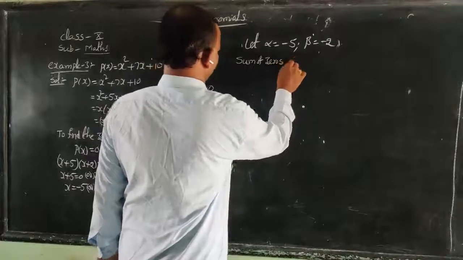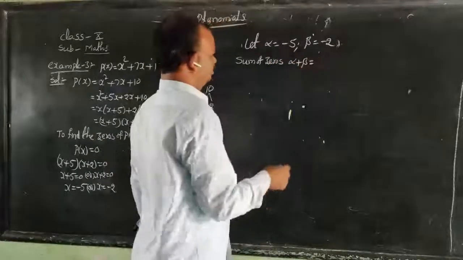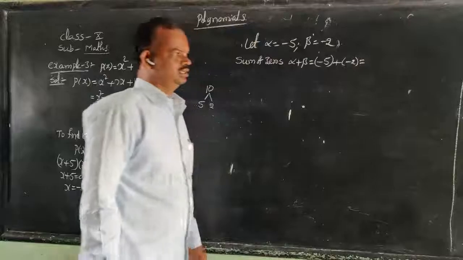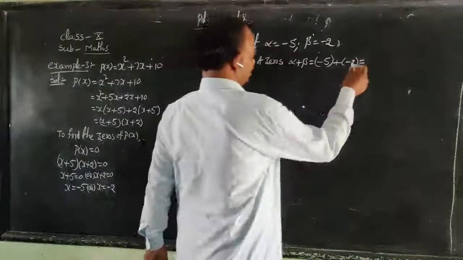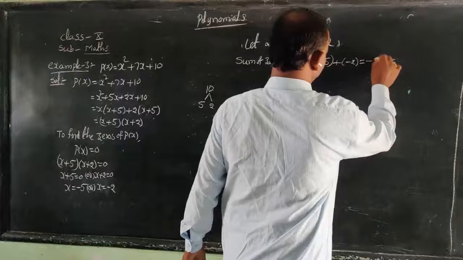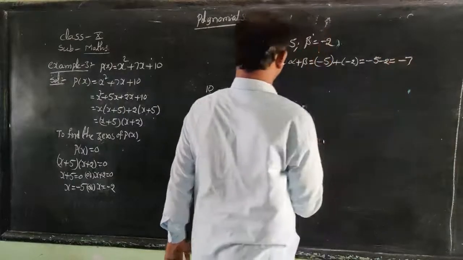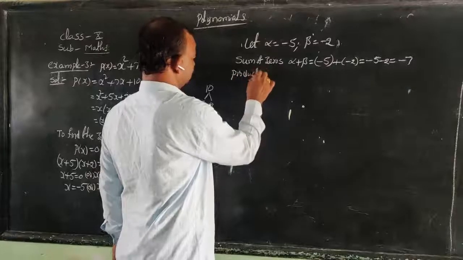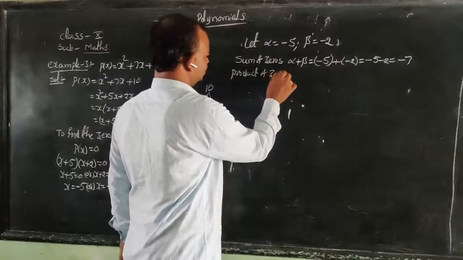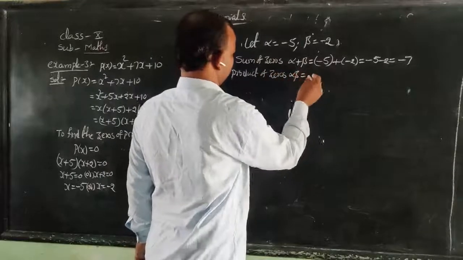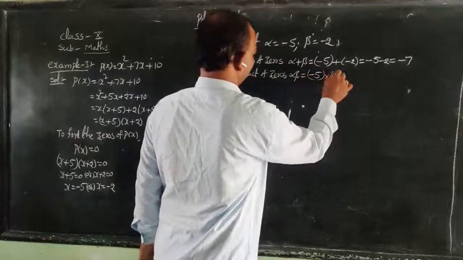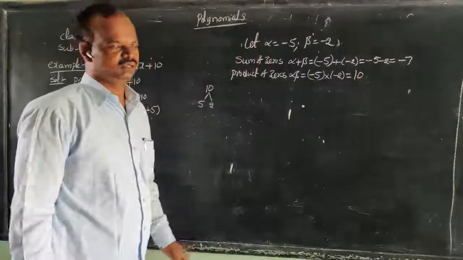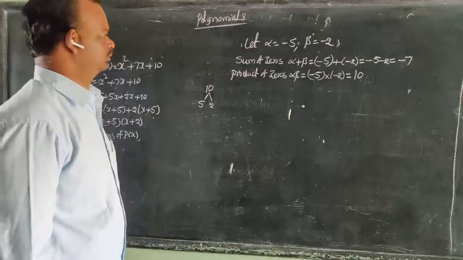Sum of zeros: alpha plus beta is equal to minus 5 plus minus 2, that is minus 7. Product of zeros: alpha into beta is equal to minus 5 into minus 2. Minus into minus is plus, 5 twos are 10, so that is equal to 10.